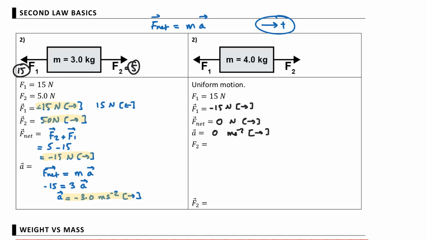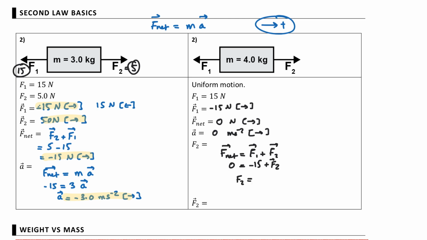And how do we find force 2? Well, we know that Fnet is going to equal force 1 plus force 2. And F1 has a value of negative 15, Fnet is 0, and this is F2.